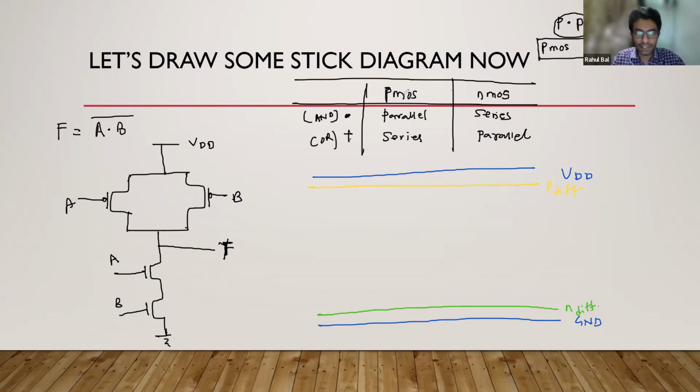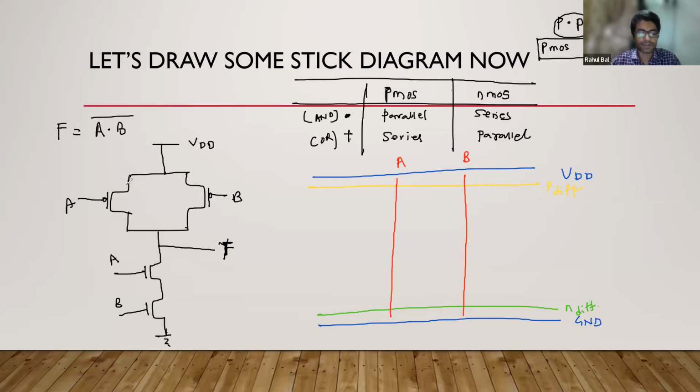Then see here there are two variables, A and B, so we'll require two red color lines, two polysilicon lines. One for A, one for B. This is A, this is B. Now in the diagram I haven't shown the gate.